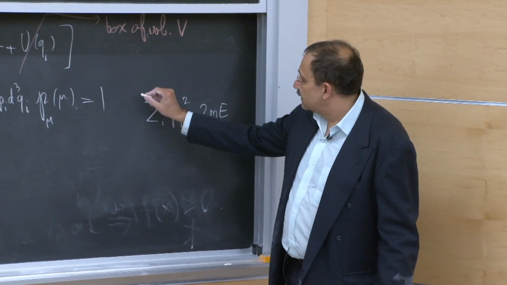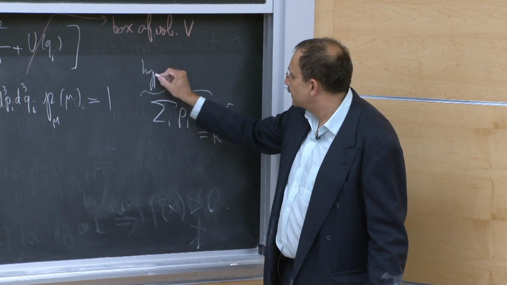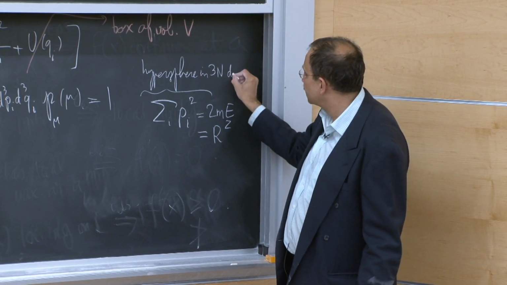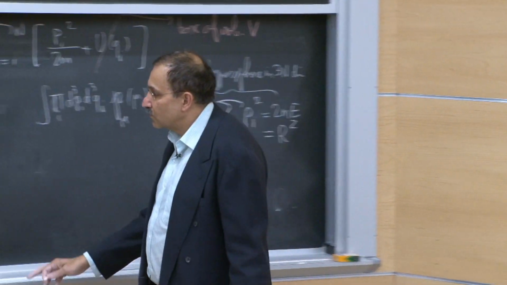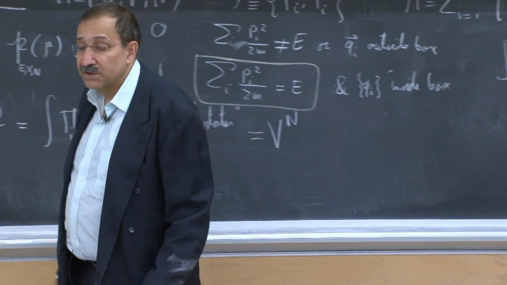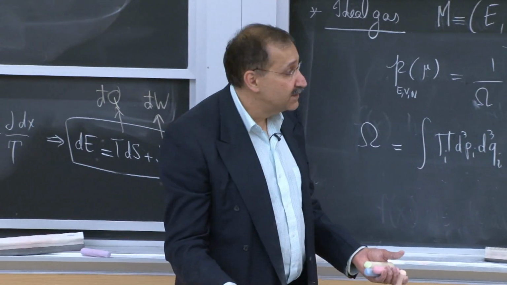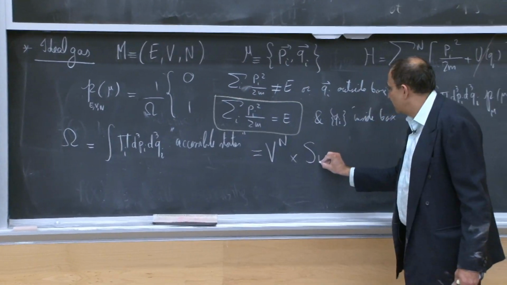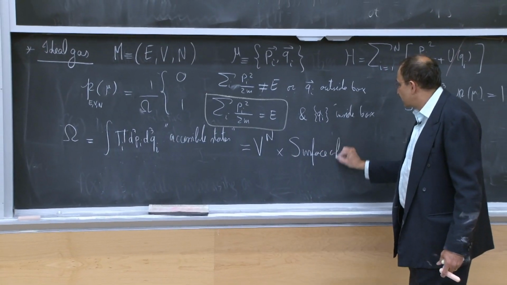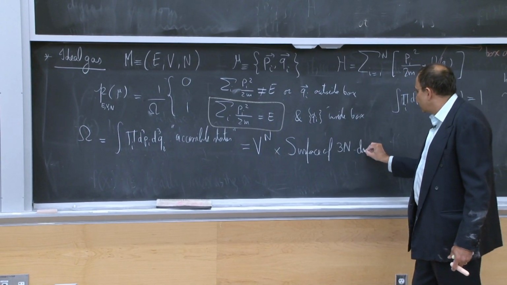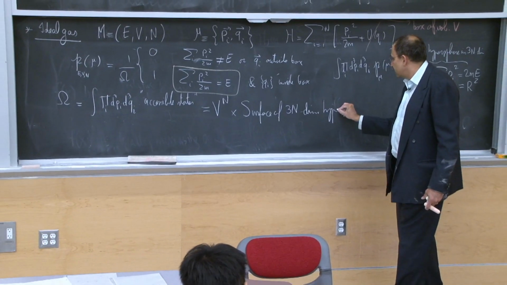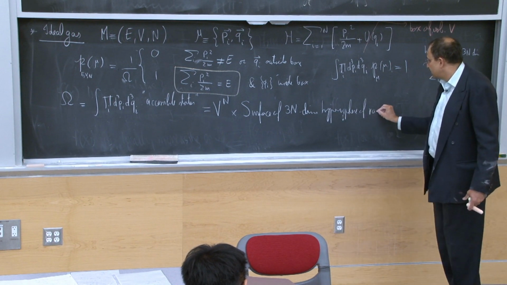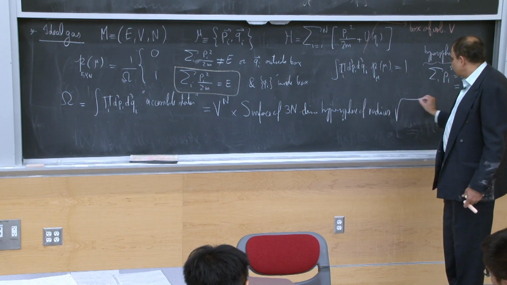So this is a hypersphere in 3N dimensions. So when I do the integrations over p, I have to integrate over the surface of a 3N dimensional hypersphere of radius square root of 2mE.